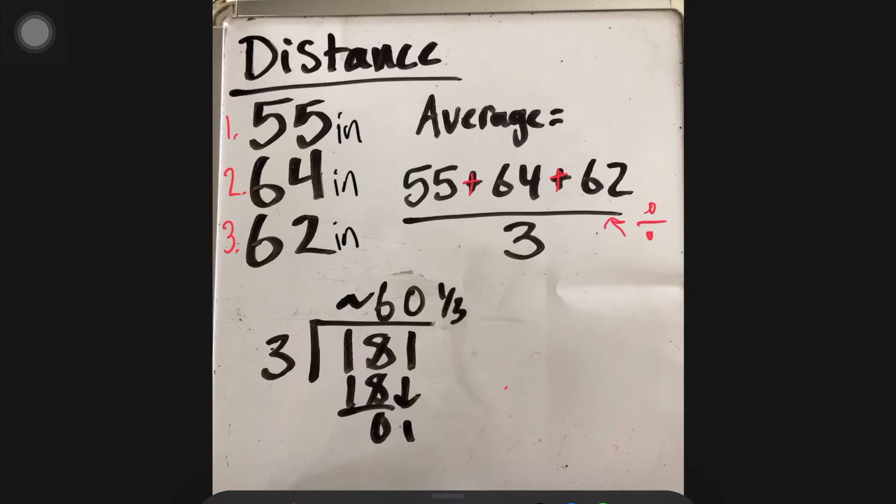This fraction line means division. And when I do 181 divided by 3, I get 60 and 1/3, and let's not forget our units, inches. So the average distance for sail car number 1 was 60 and 1/3 inches.